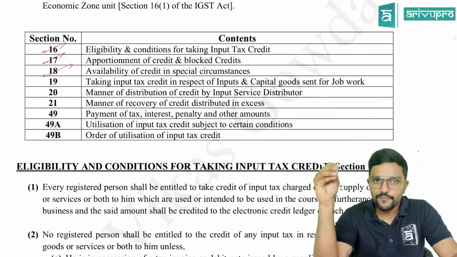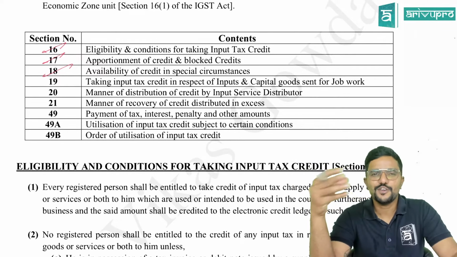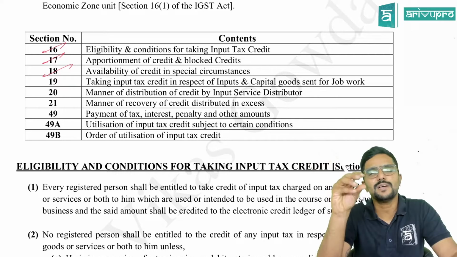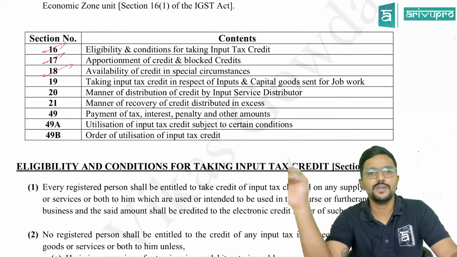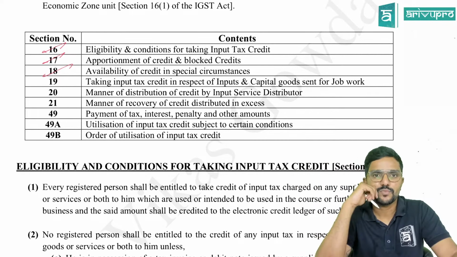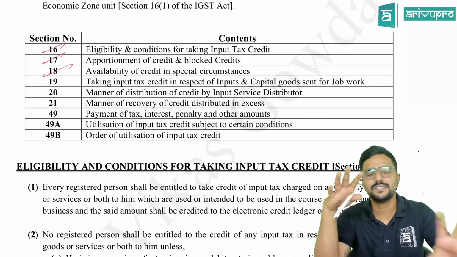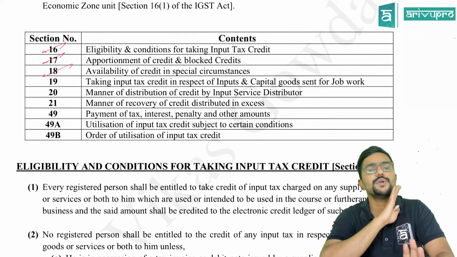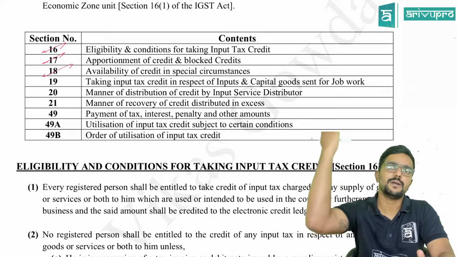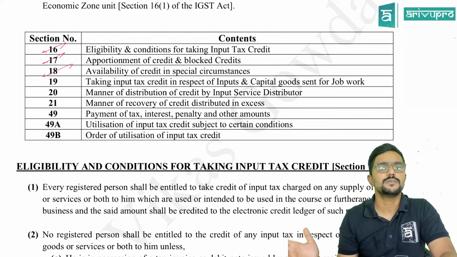Clear? If by chance you're running short of time or you're lazy to write full forms, some short forms you can use, like FY instead of financial year, or ITC instead of input tax credit. These are the only few shortcuts you can use. Please don't use any other shortcuts. Sir, I have developed some shortcuts for other words, can I write them?